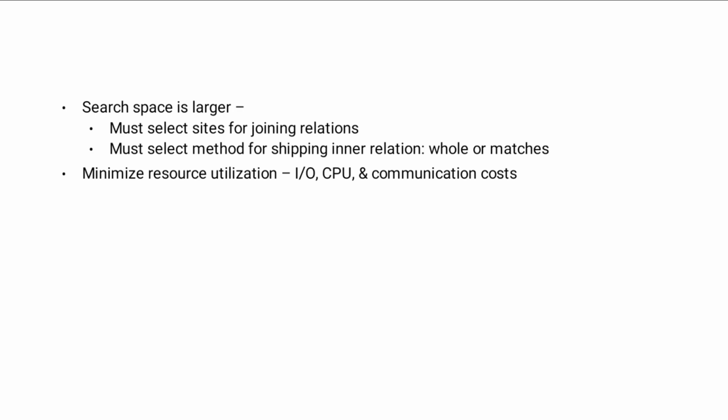The search space must be larger because this is a distributed database. We must select sites for joining relations. We must select a method for shipping the inner relation, whole or only the matches, where only tuples matching conditions are picked out. This will minimize resource utilization.